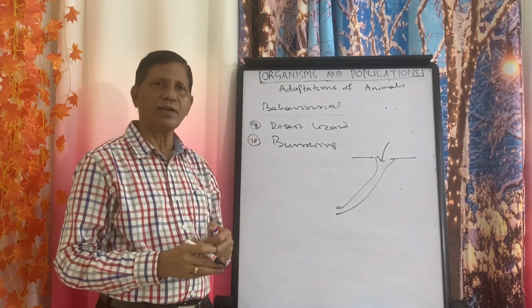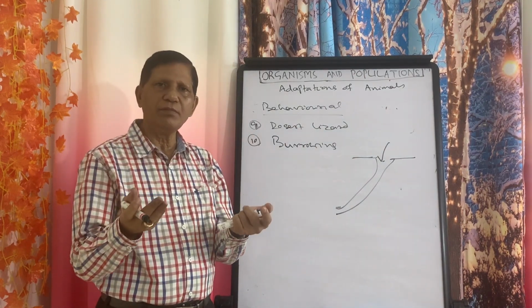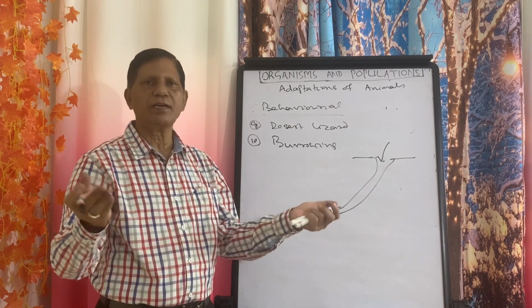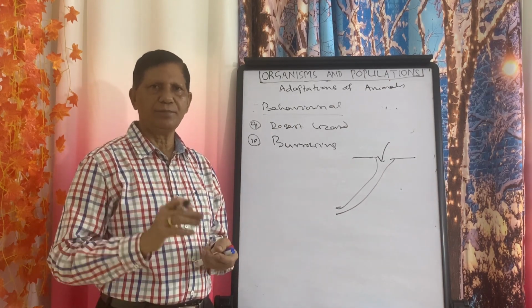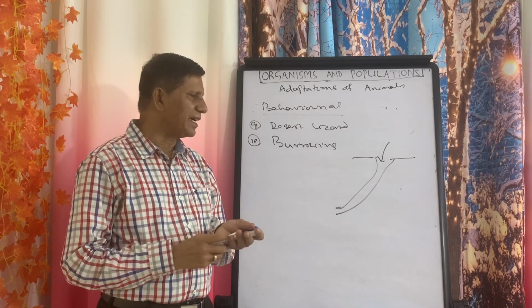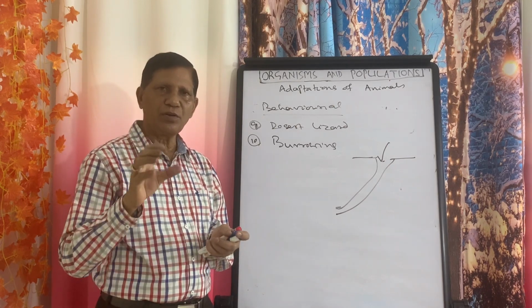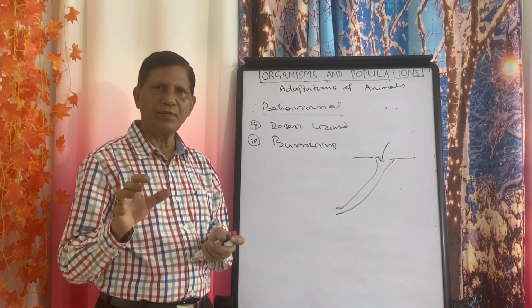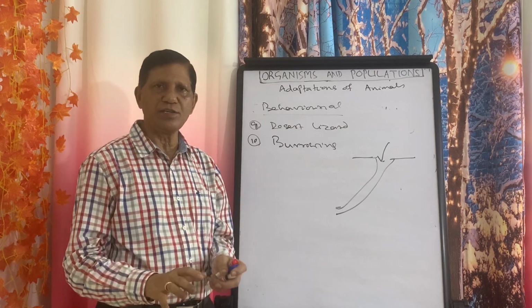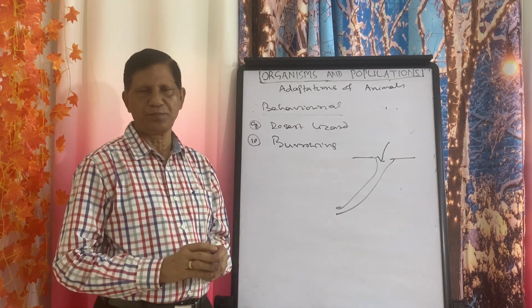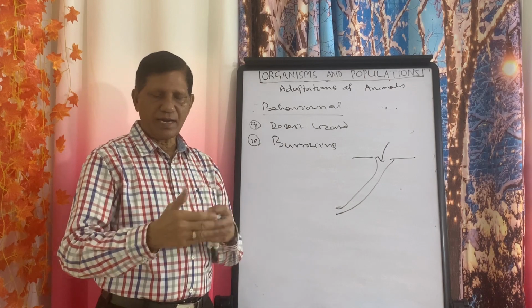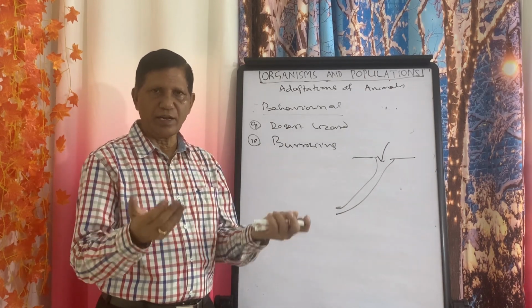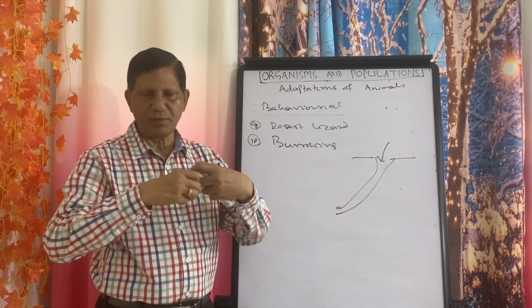This is known as burrowing. And when favorable conditions come, they come out and their normal activities are carried on. So these are some of the examples of morphological, physiological, biochemical and behavioral adaptations of animals and how they respond to the external environment and adapt themselves for survival.